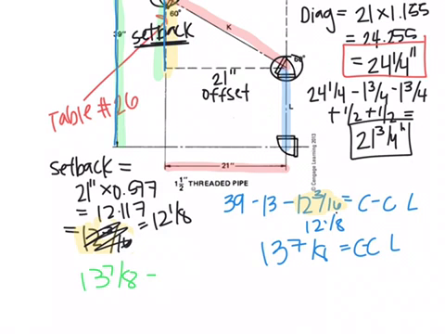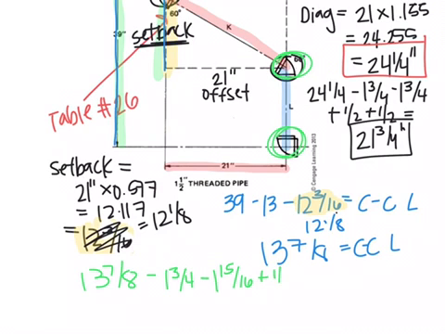So we look up and we see, okay, L has a 60-degree and a 90-degree fitting. For the 60-degree fitting, I go to data table number 6, 1.5 inch threaded pipe, and it says the takeoff is 1 3/4. Minus, we have a 90-degree fitting, which comes from data table 5. 1.5 inches would be 1 15/16.